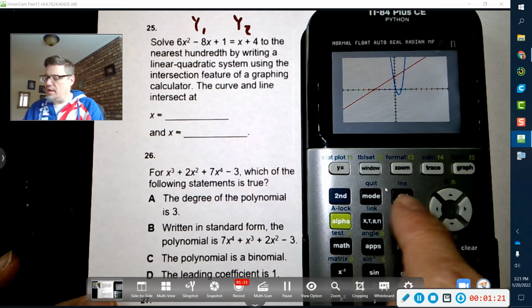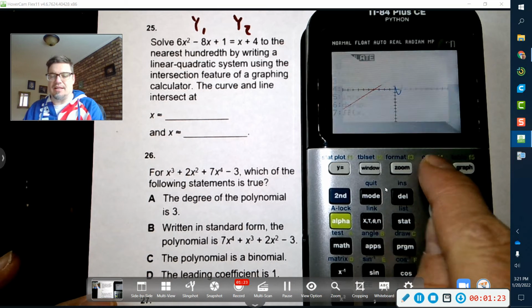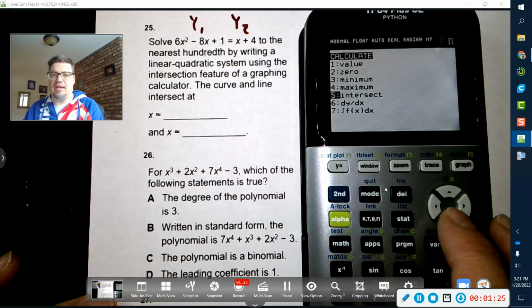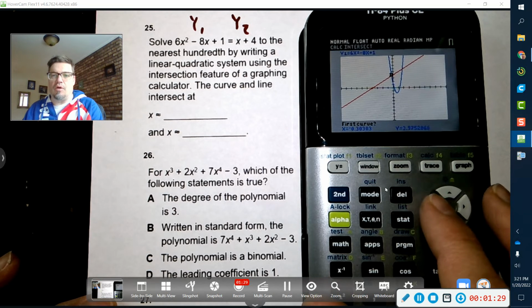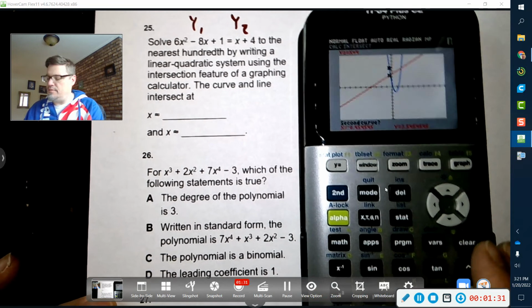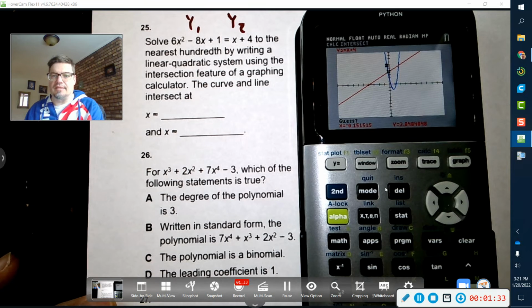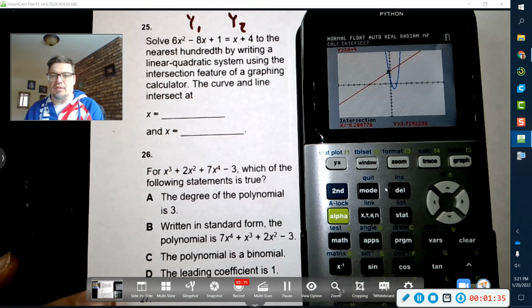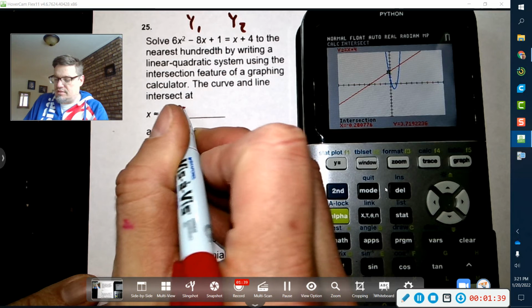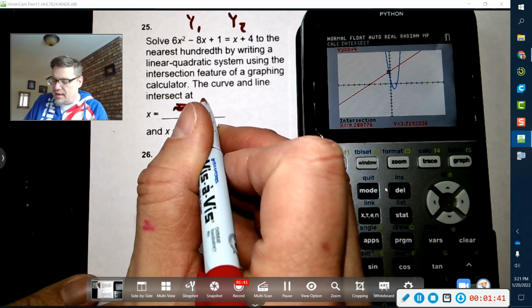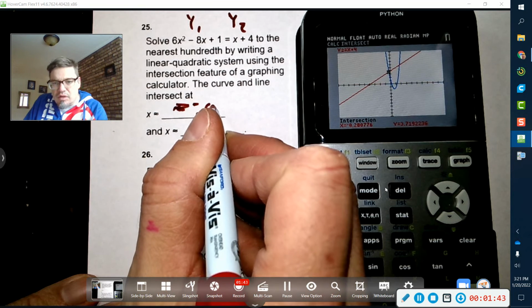So what I can do then is I go second trace. Now that's the calculate function, and I can see where the intersection is. So I'm going to do these real quick. It's asking me for the first curve, and it's the blue one. It's asking me the second one. Yes. There's the guess. And so it looks like we are roughly, well, they already got the approximation. It's negative 0.02. Nope.